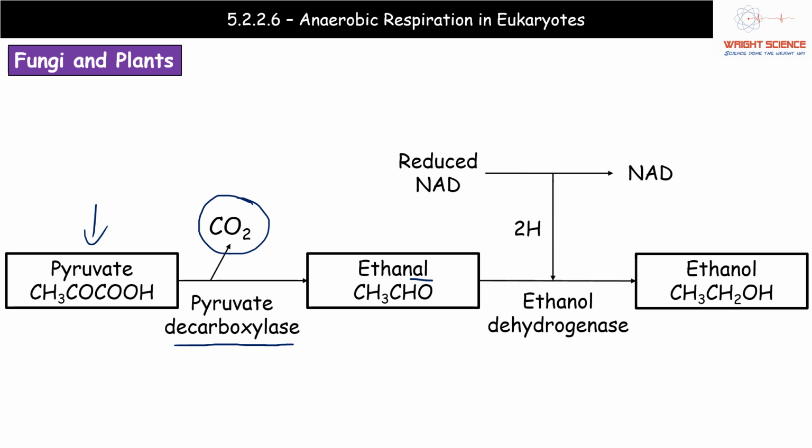The two hydrogen atoms that are removed will then be attached to our ethanal to make ethanol. And that's through the action of our ethanol dehydrogenase. So make sure you go careful in terms of which enzymes occur at which point of the process, and don't mix up your ethanals and your ethanols.